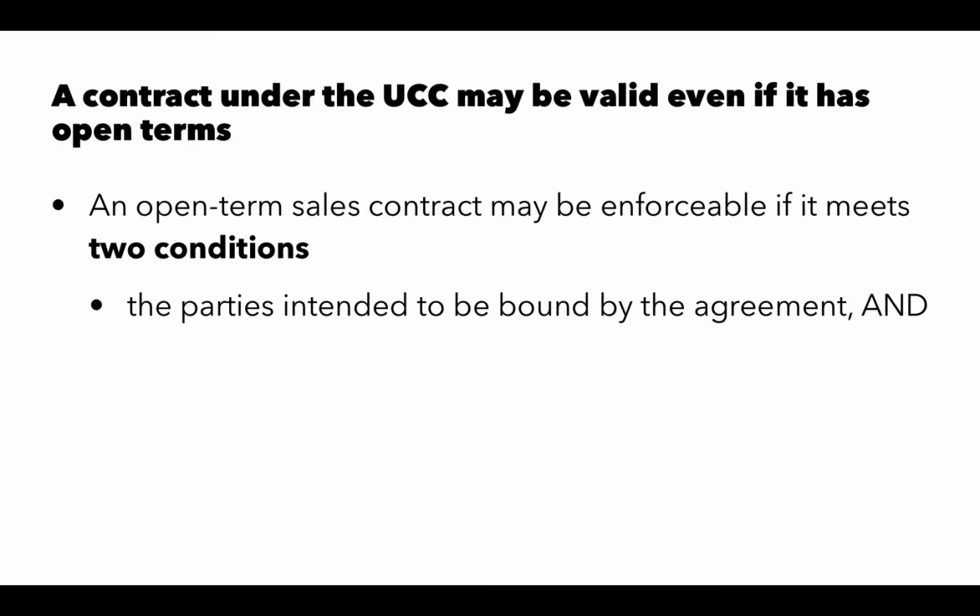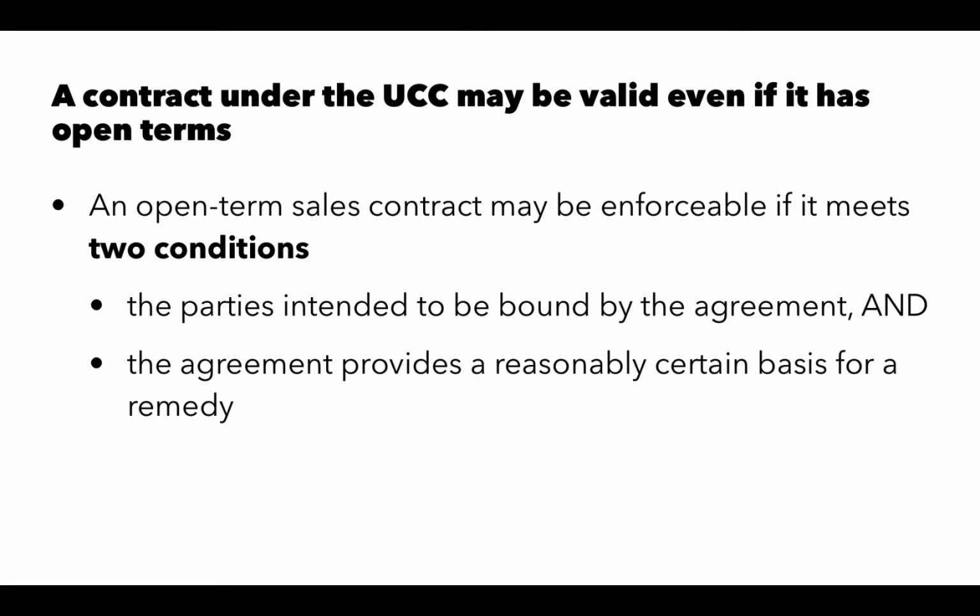Now it must meet two conditions though in order to be enforceable. First of all, the parties must have intended to be bound by the agreement even with the open terms, and the agreement must provide a reasonably certain basis for a remedy.